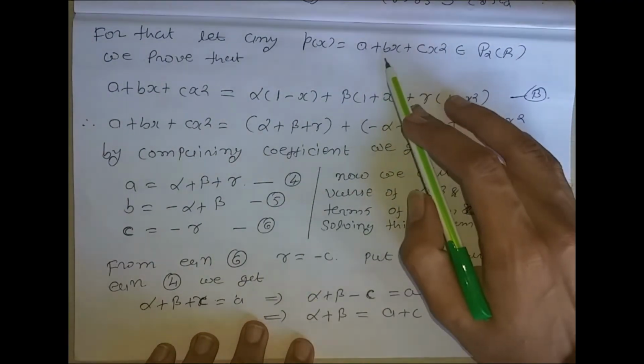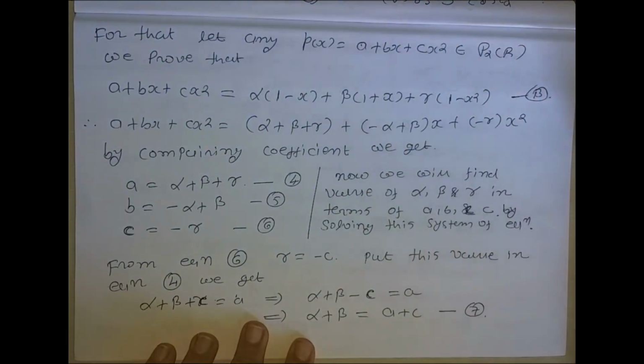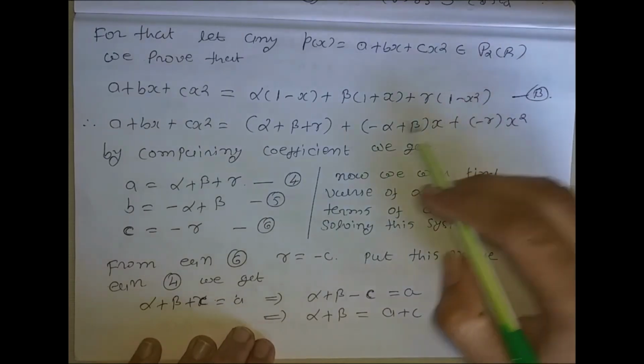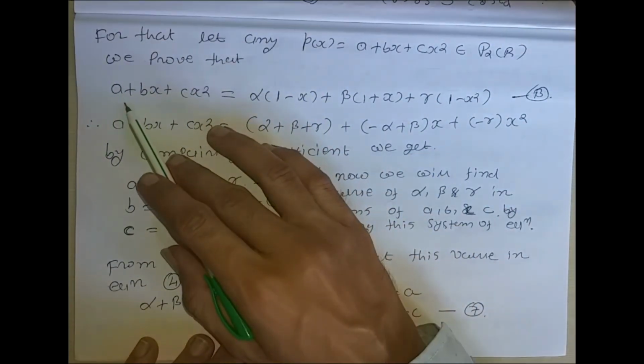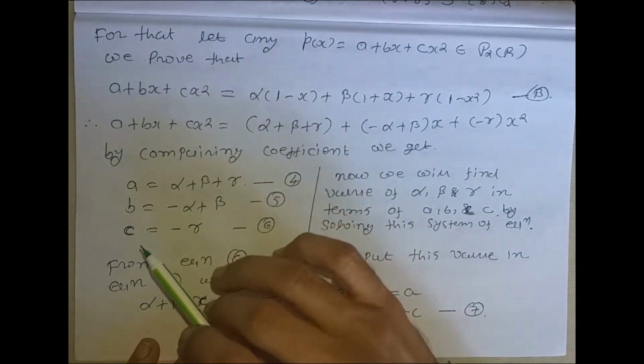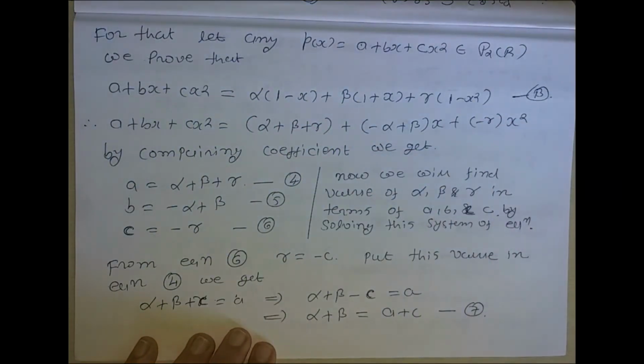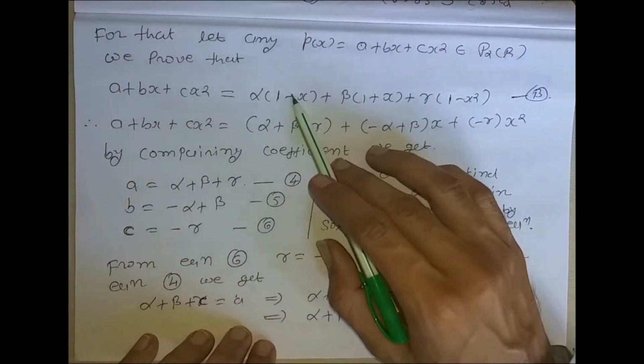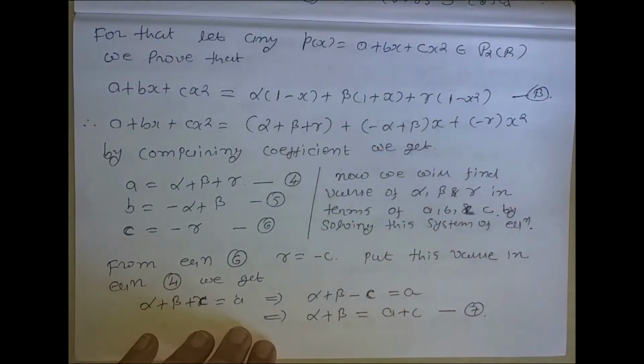Now we will show this polynomial is a linear combination of vectors of set B. So we write p(x) equal to a plus bx plus cx square as a linear combination of vectors of set B. These are 1 minus x, 1 plus x, 1 minus x square.